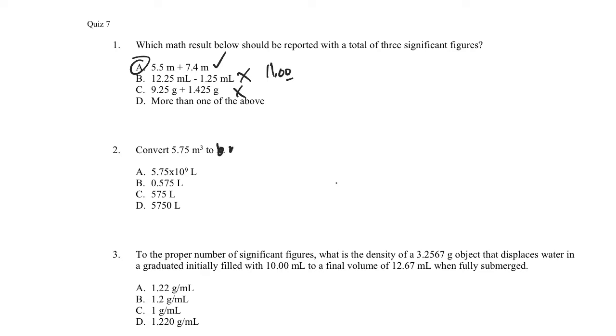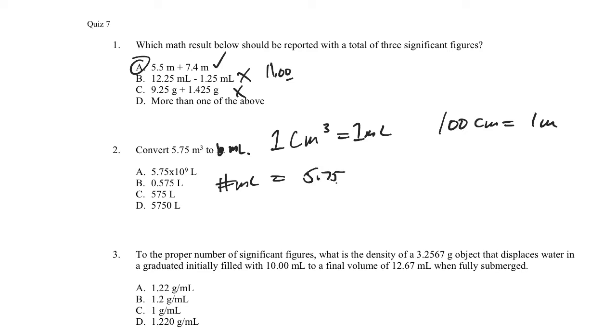Okay, for number 2, there's a correction here. If you had seen the original version, we need to convert this to milliliters. So the number of milliliters, and the only conversion factor I'm thinking here is 1 cubic centimeter is a milliliter. It's my main conversion. I'm also thinking 100 centimeters is a meter as well to get me there. So I start with 5.75 times 10 to the 3 cubic meters.